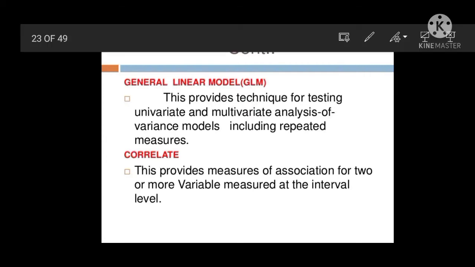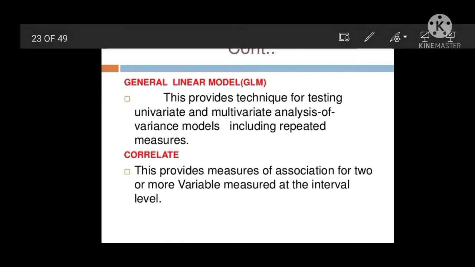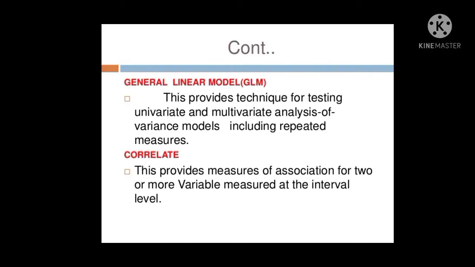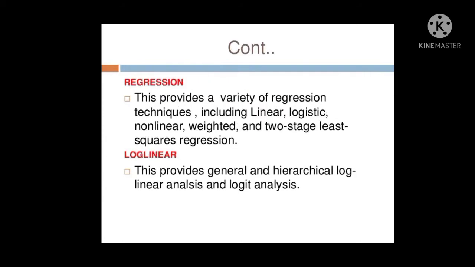This provides measures of association for two or more variables measured at the interval level. Regression. This provides a variety of regression techniques, including linear, logistic, nonlinear, weighted, and two-stage least squares regression. Loglinear. This provides general and hierarchical loglinear analysis and logit analysis.